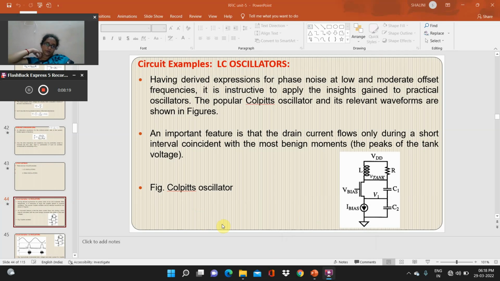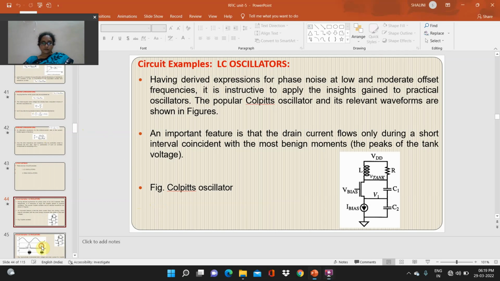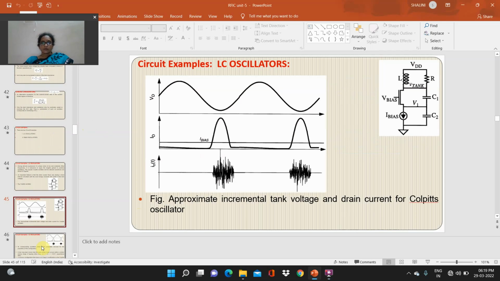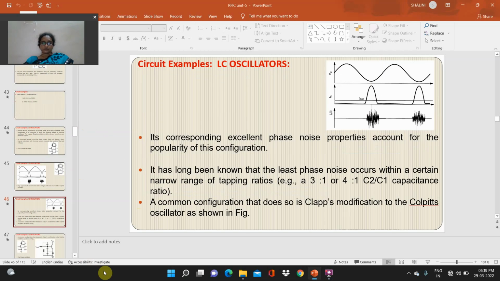The popular Colpitts oscillator and its relevant waveforms are shown in the figures. An important feature is that the drain current flows only during a short interval coincident with the most benign moments. Example, the Colpitts oscillator is given. So, an approximate incremental tank voltage and drain current for the Colpitts oscillator is shown.